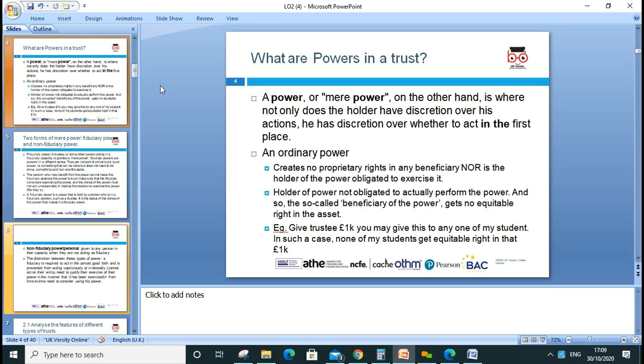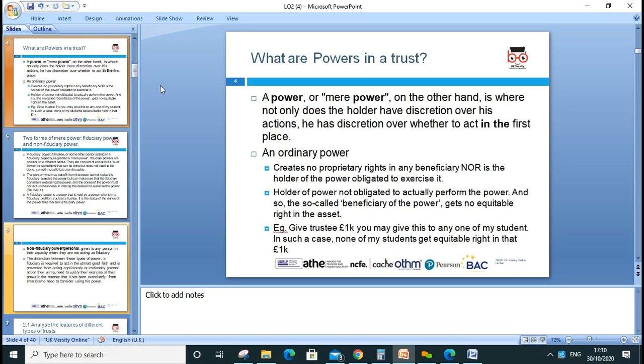We heard about it before. An ordinary power creates no proprietary rights. No beneficiary, nor is the holder of the power, obliged to exercise it. The holder of the power is not obliged to actually perform the power.